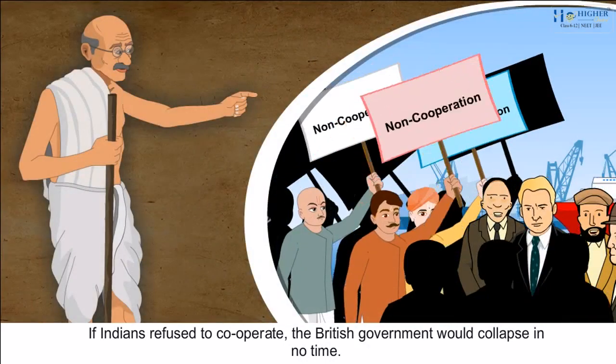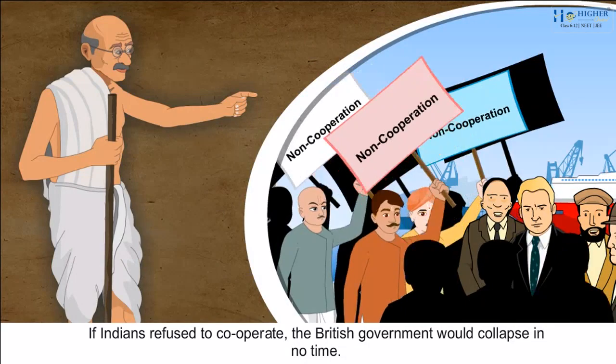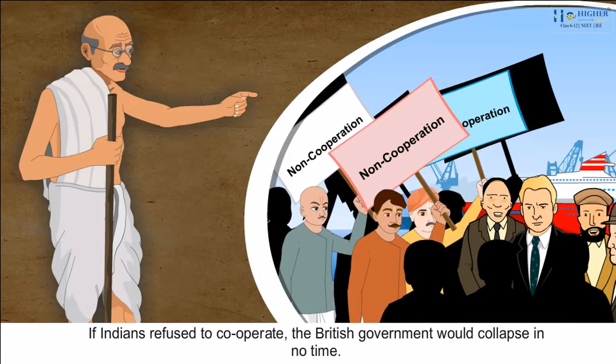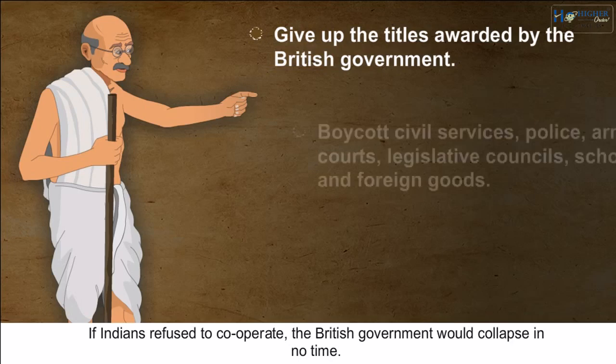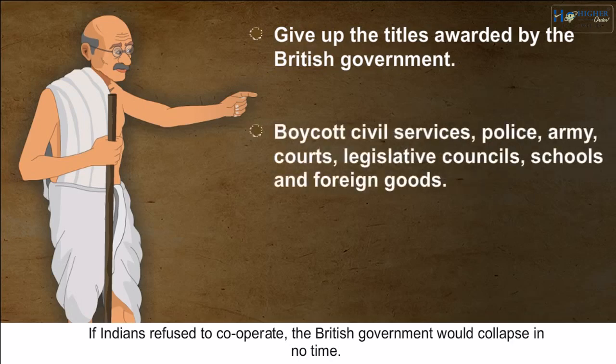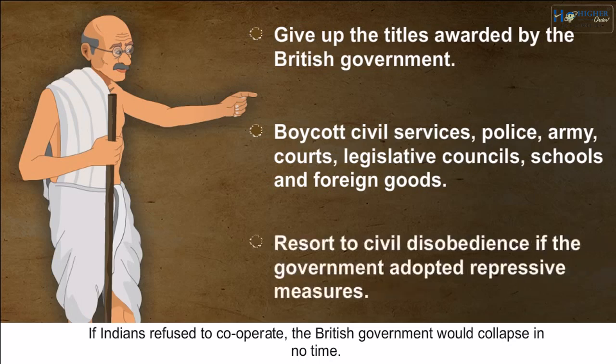Hence, he proposed a non-cooperation movement which required people to give up the titles awarded by the British government, and boycott civil services, police, army, courts, legislative councils, schools, and foreign goods. Resort to civil disobedience if the government adopted repressive measures.